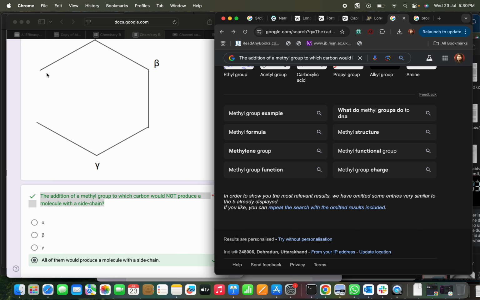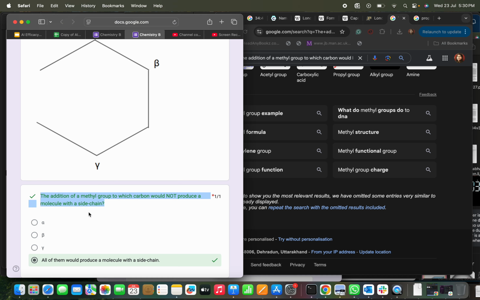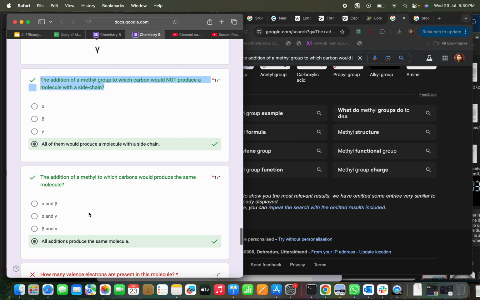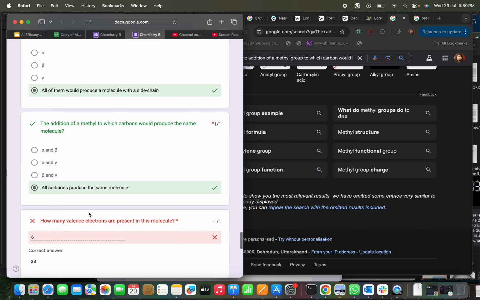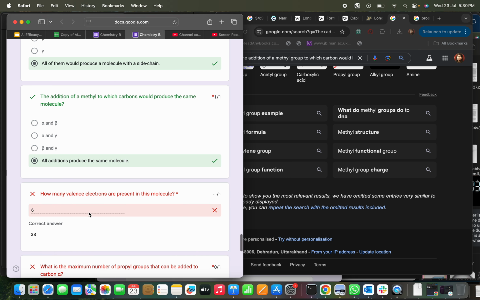So this molecule is CH3, CH2, CH2, CH2, CH2, CH3. The addition of a methyl group would not produce the same molecule.